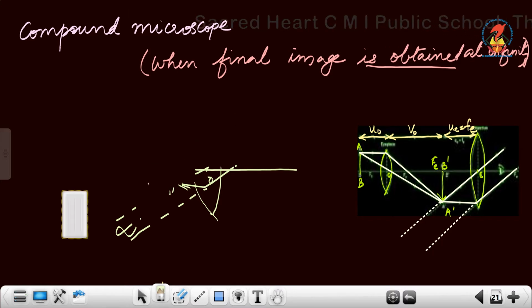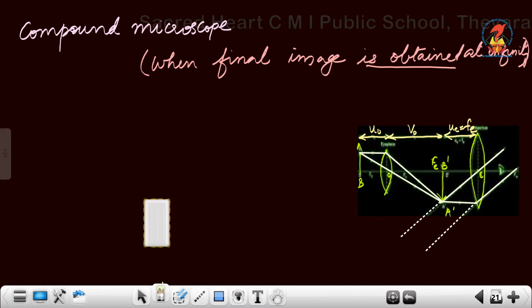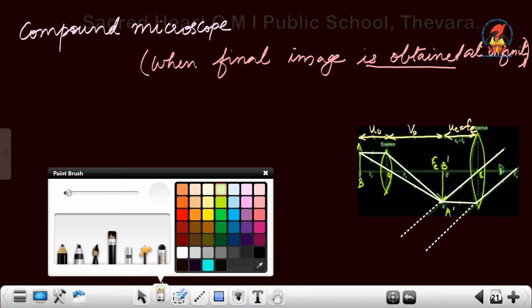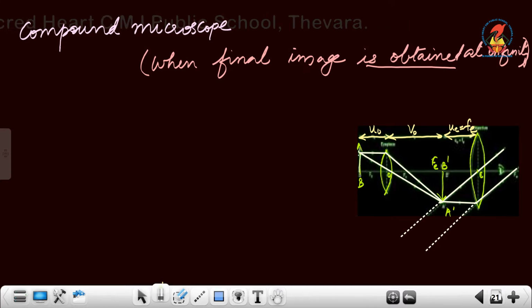So let us see once more the diagram to obtain the image at infinity. For that, the object is placed beyond the focus of the objective, and the rays of light, after passing through the objective, meet at a point, and we get a real inverted image A dash B dash at the focus of the eyepiece.